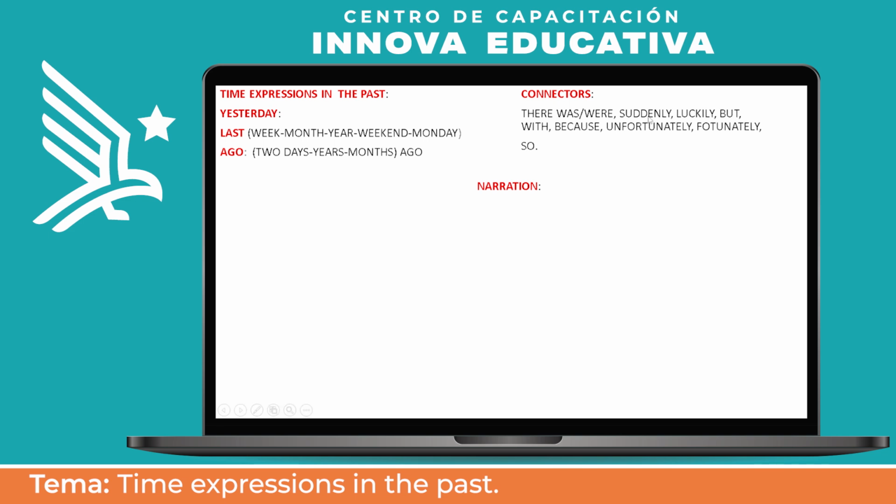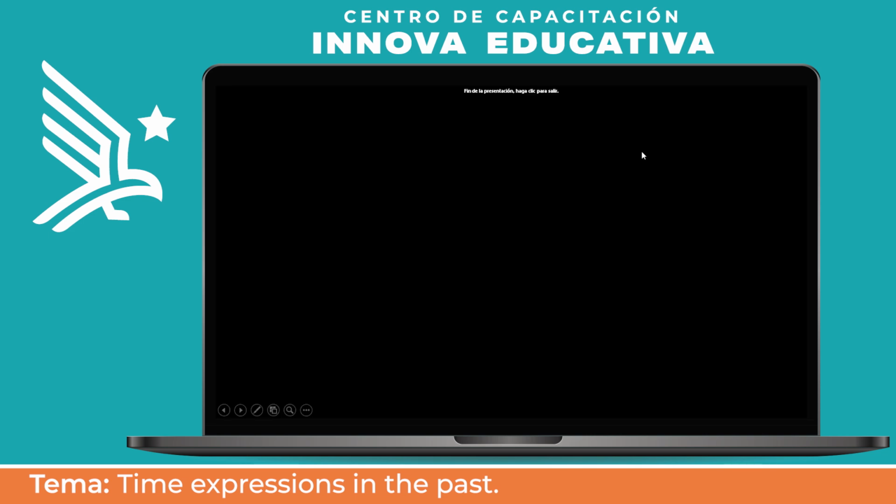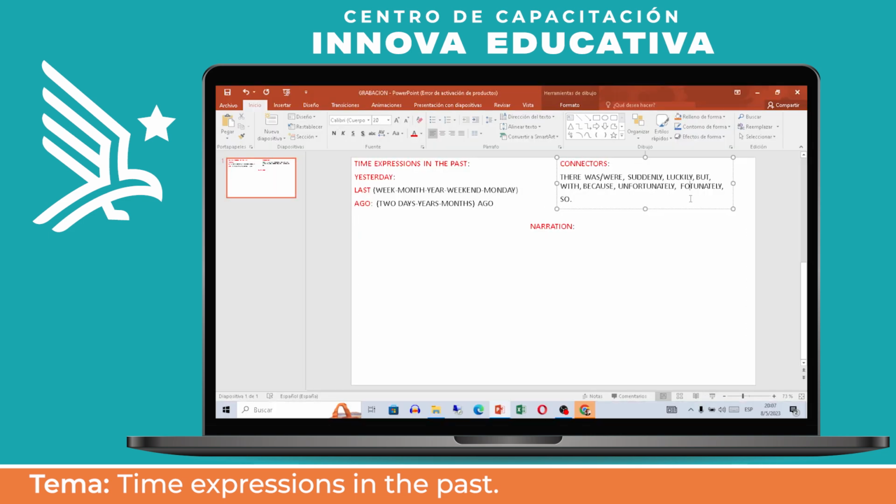Tenemos suddenly, de repente. We have the connector luckily. We use the connector but. Luckily is quite similar to fortunately.